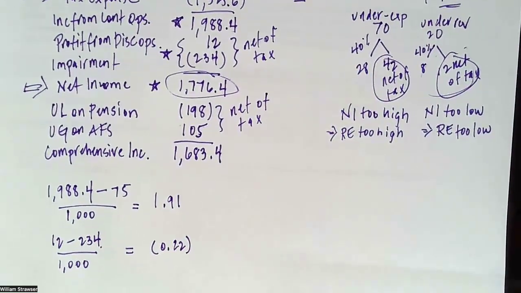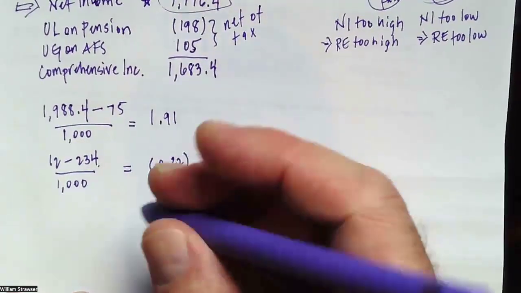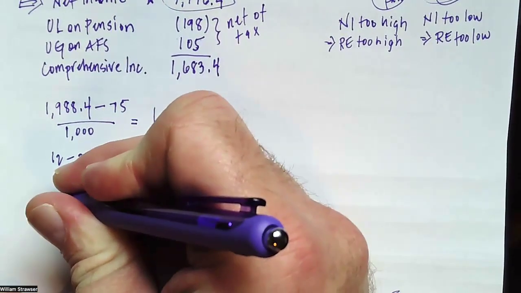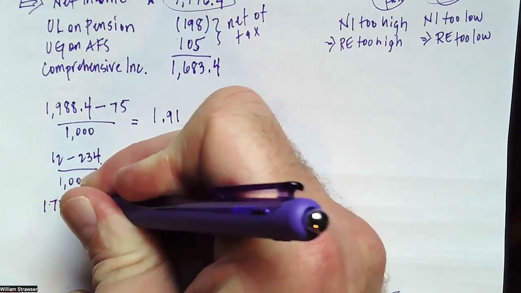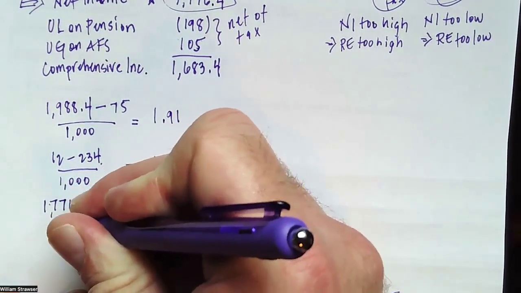And again, we could just directly solve for the amount by adding these two up. But what we can do instead too is just directly figure that out by taking the 1,776.4, subtracting 75, dividing it by 1,000.